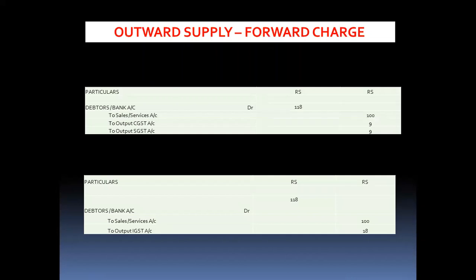In case of outward supply under forward charge, the entry would be debtors or bank account debit, to sales or receivable account as the case may be, to output CGST account, to output SGST account. This entry would be passed in case of intrastate supply. Moving on to interstate supply, CGST and SGST would be replaced with IGST.